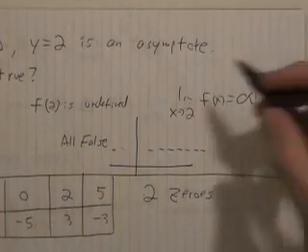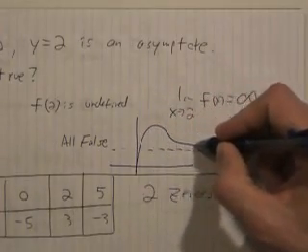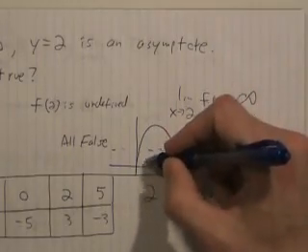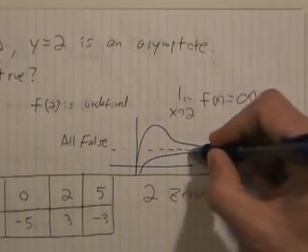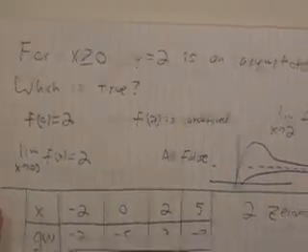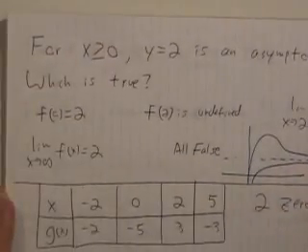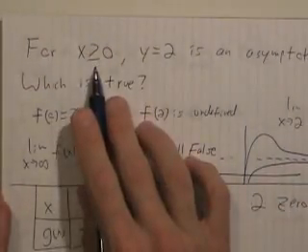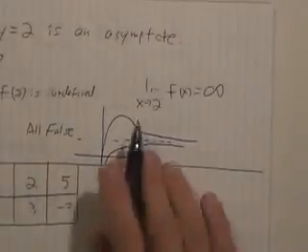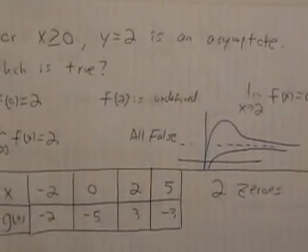That means the function at some point has to do something like this and approach positive 2. That's what an asymptote is. An asymptote is end behavior. It is a limit at infinity. I specified x is greater than or equal to 0, so we're only talking about things in this direction. So which of the following must be true?